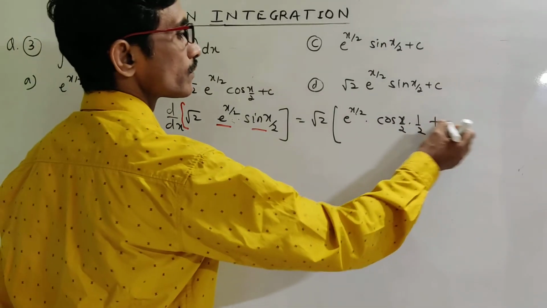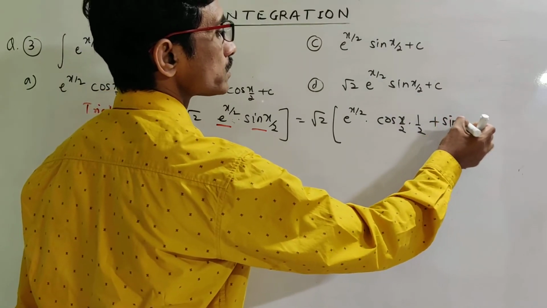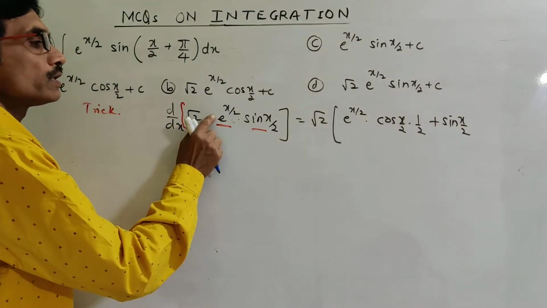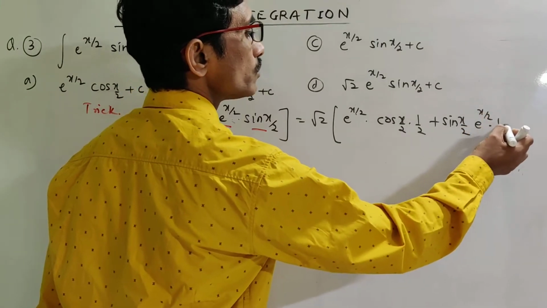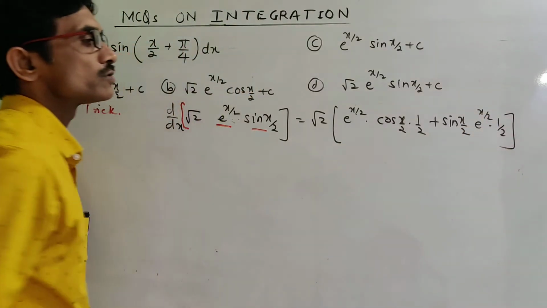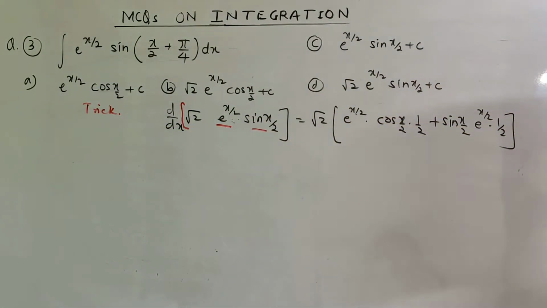plus sine x by 2 into derivative of e raised to power x by 2, which is e raised to power x by 2 into 1 by 2. This will be the derivative of e raised to power x by 2 into sine x by 2.